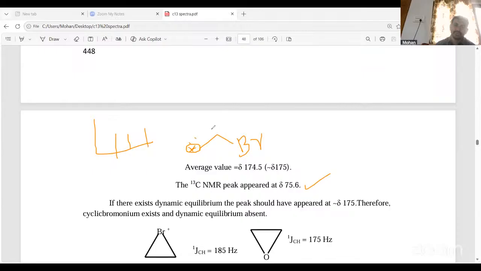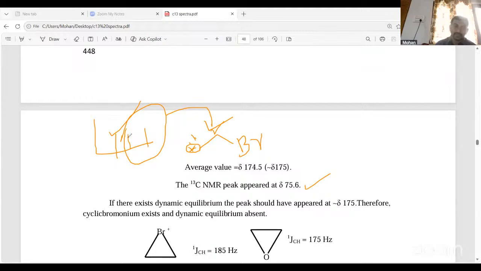So two different, non-equivalent carbons, and we are supposed to get only two signals. But in addition to these two signals, we are getting one more signal.